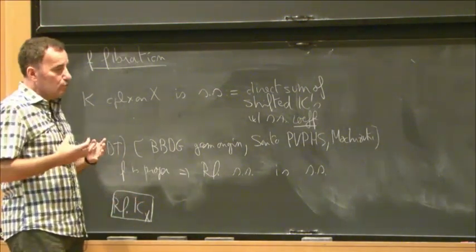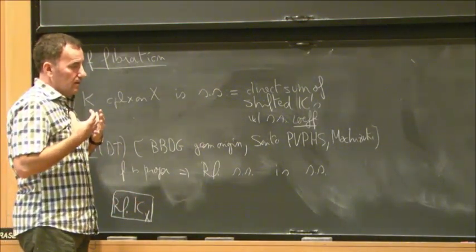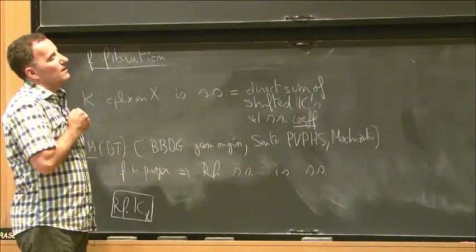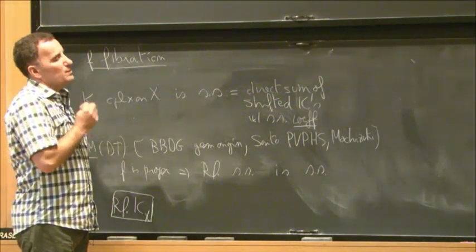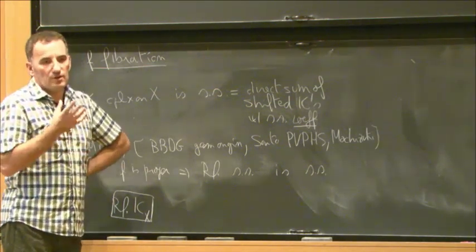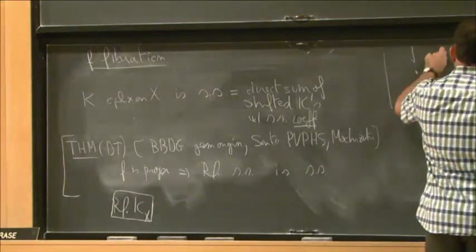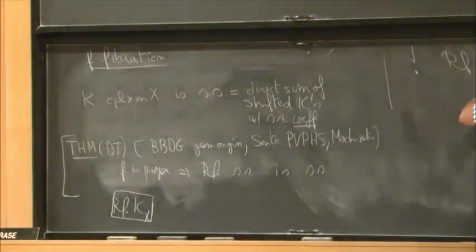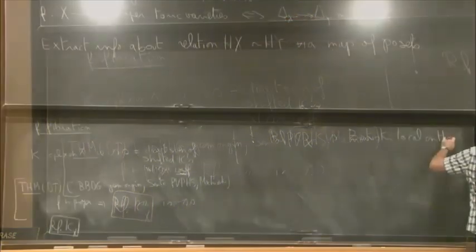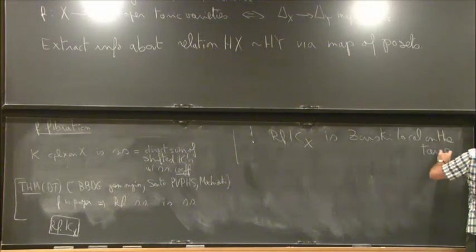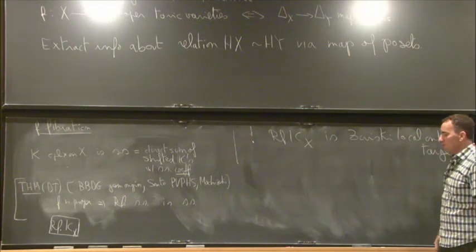The splitting of the complex is Zariski local on the base. So its splitting is Zariski local on the base.